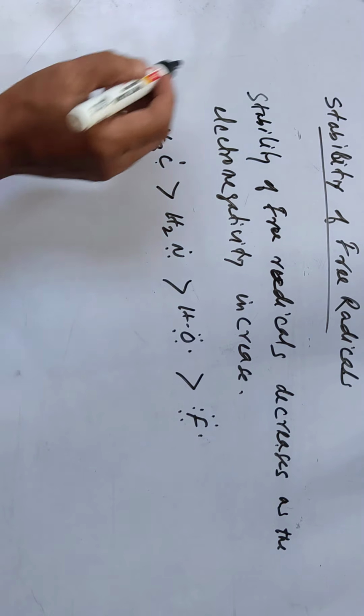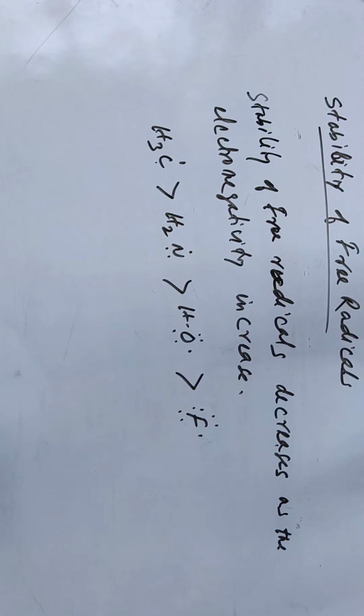Okay, another, third factor in the destabilization of the free radical. The third one is that free radicals increase in stability going down the periodic table. So I'll show you here again.